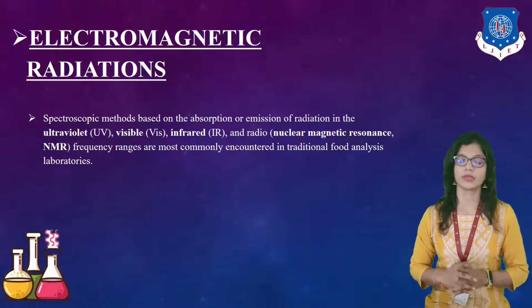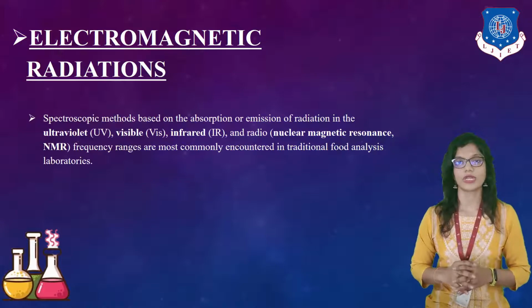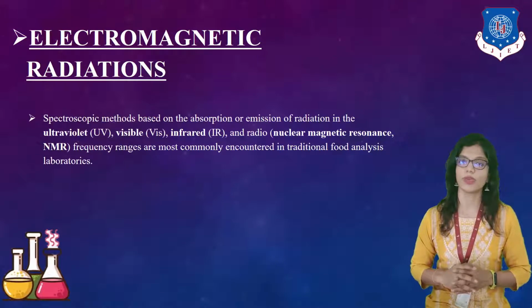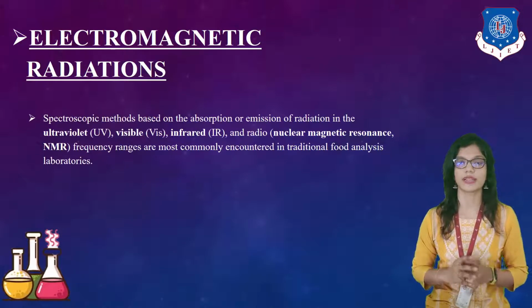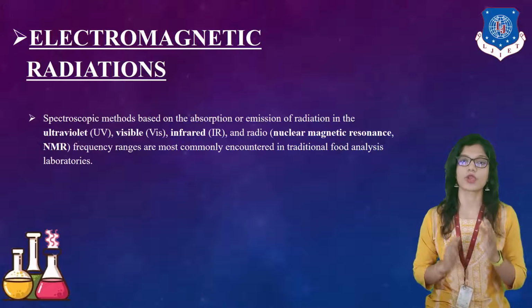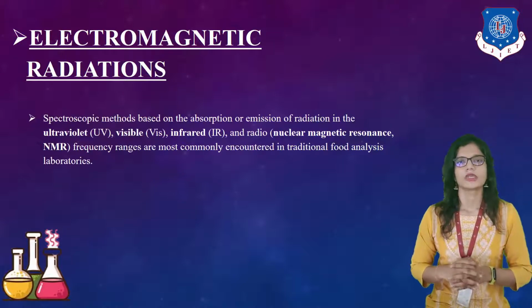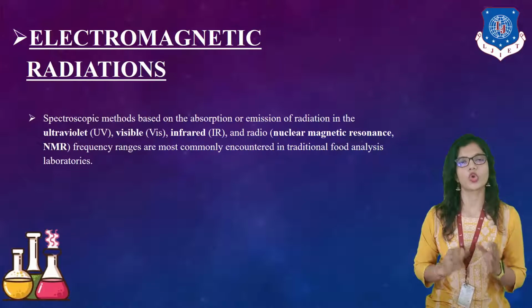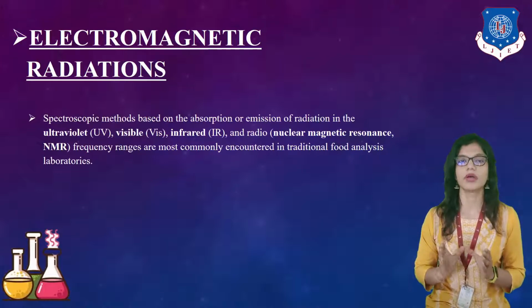Let's begin with it. To understand the principle of spectroscopy, we first have to understand what spectroscopy actually is. Spectroscopy is made up of two different words: number one, spectro, and number two, scopy.